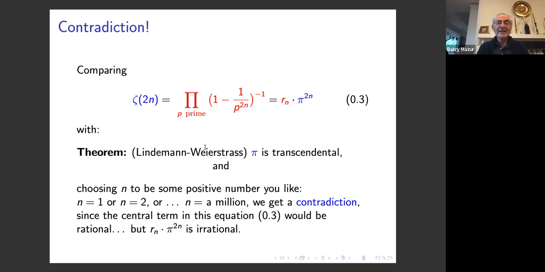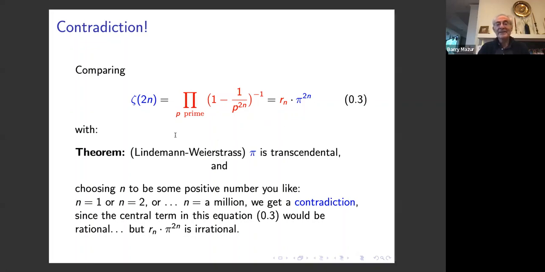Because we have this equation where zeta of 2n is this product, which we're assuming is finite, is a rational number times a 2nth power of a transcendental number. That's an irrational number. Of course, I'm making use of one of the great classical theorems, that pi is a transcendental number. So choosing n to be any positive number you like, 1, 2, or a million, you get a contradiction from this equation. Oops.